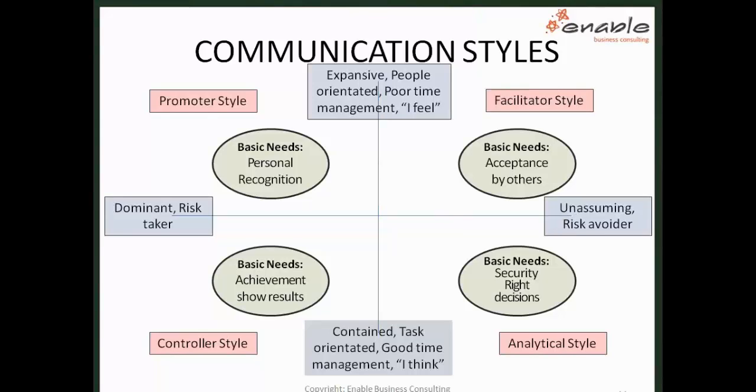There needs to be that security about the right decision. One of the things you can do within your proposals is, once you've identified the style of the authority figure that you're speaking to, so the person who's authorized to sign off, you can very much tailor your proposals to meet these four basic requirements.